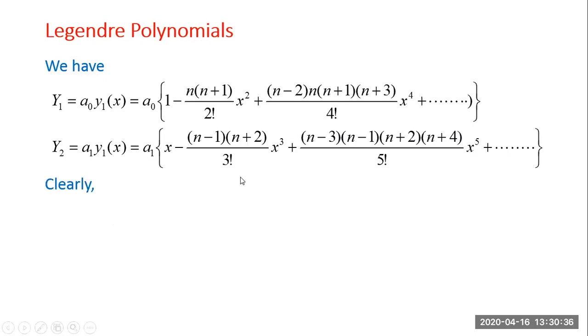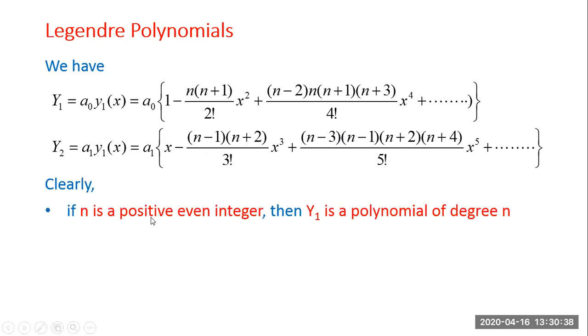If you observe here, suppose n is a positive even integer. In this first expression, capital Y1, if I take n as a positive even integer, for example n is equal to 2, then the second term becomes 0, the third term becomes 0, and every other term contains n minus 2, because the next term contains all these 4 factors plus additional 2 factors, one is n minus 4, then n plus 5.